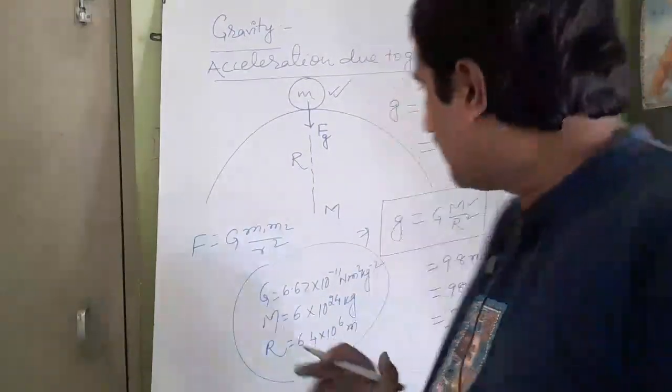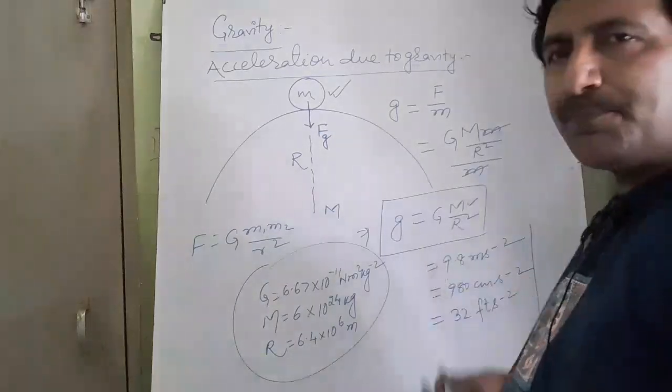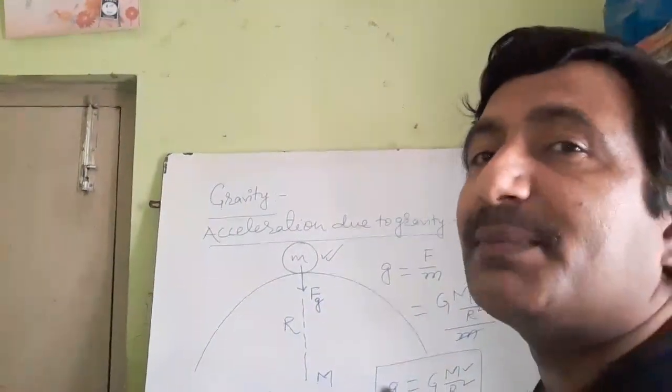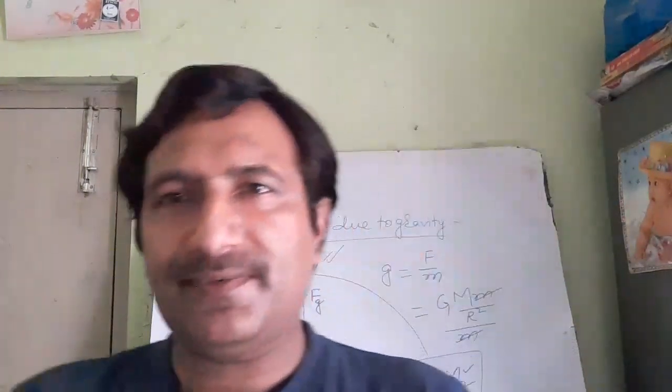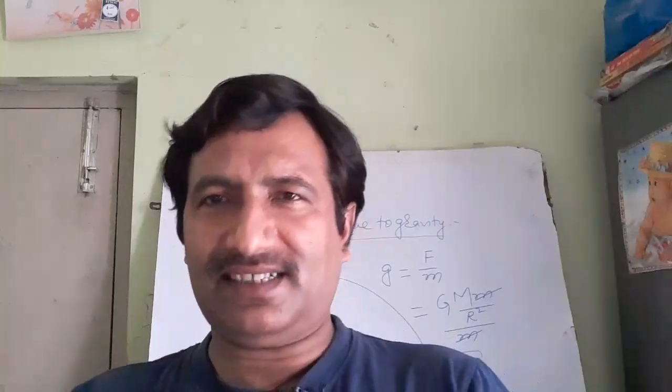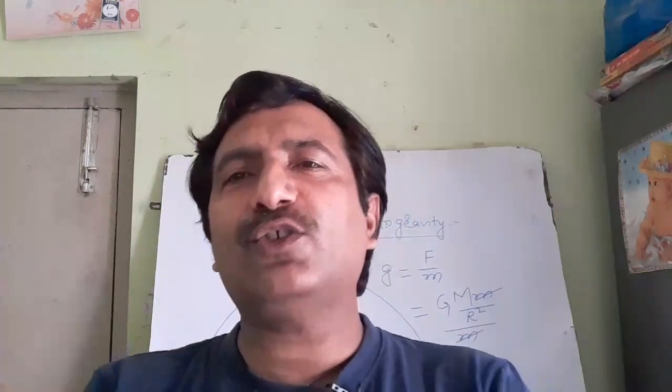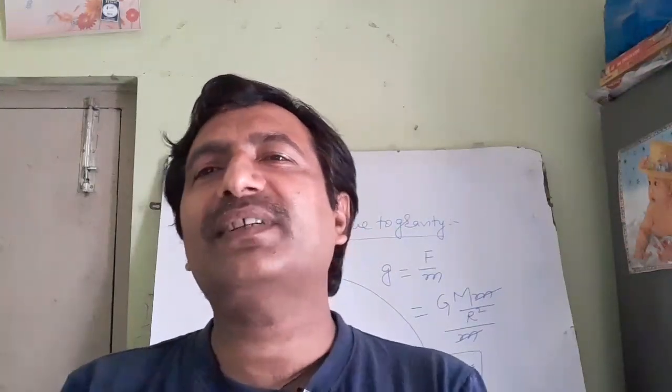So these are the values of acceleration due to gravity in normal conditions. Is it clear? Now see, in some questions you can use g is equal to 10 meter per second squared. If you have a long calculation, then you can take the approximate value of g as 10 meter per second squared in place of 9.8.